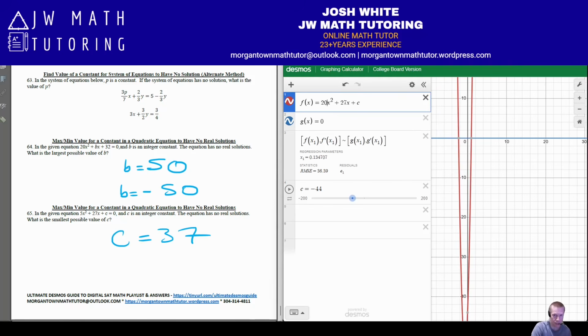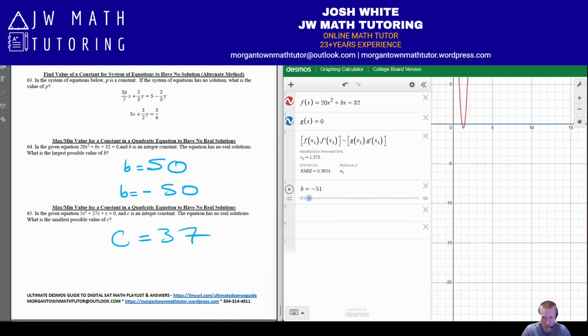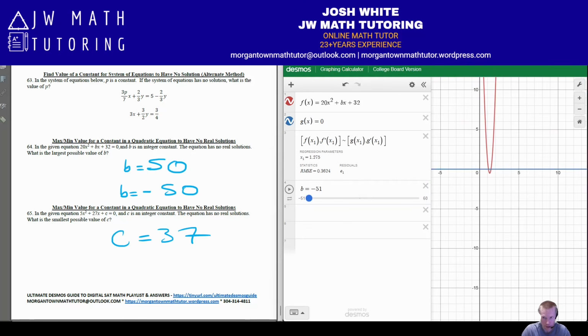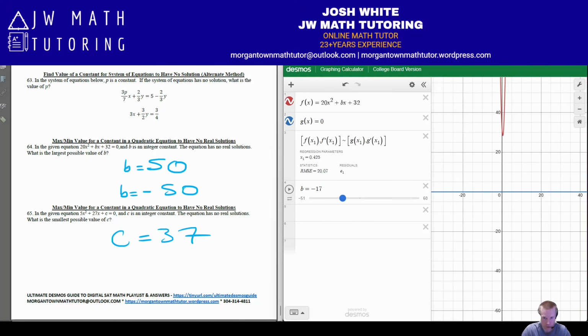And just to show you one last thing to explain this, if I type in 64 again, here's the problem, and notice b at negative 51. Let's go from negative 51 to 60 and set the step at 1. Notice when I'm less than negative 50, there are two real solutions. You can see there are two x-intercepts. But as soon as I get above that, there are no real solutions.